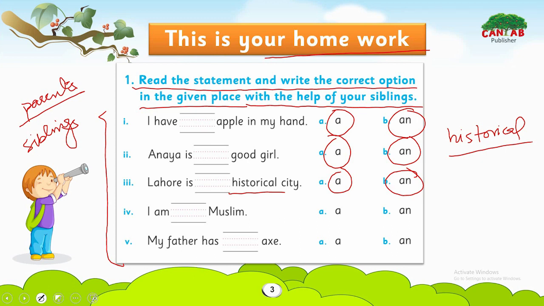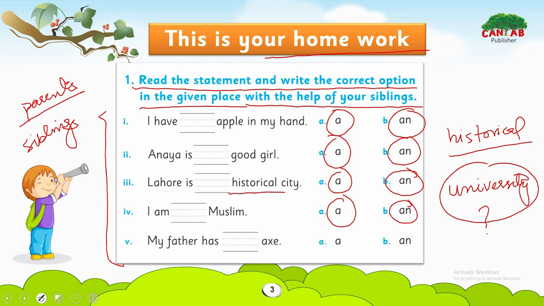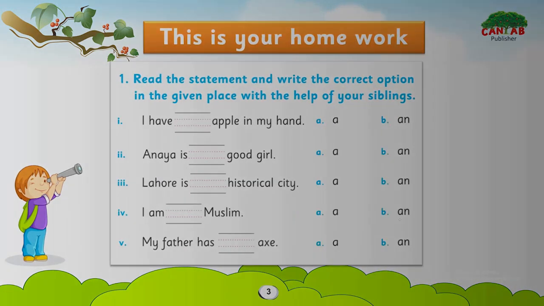You have to keep in mind what we used before university. I am dash Muslim. Again, which one will be used? And my father has dash X. So this is, students, your homework.